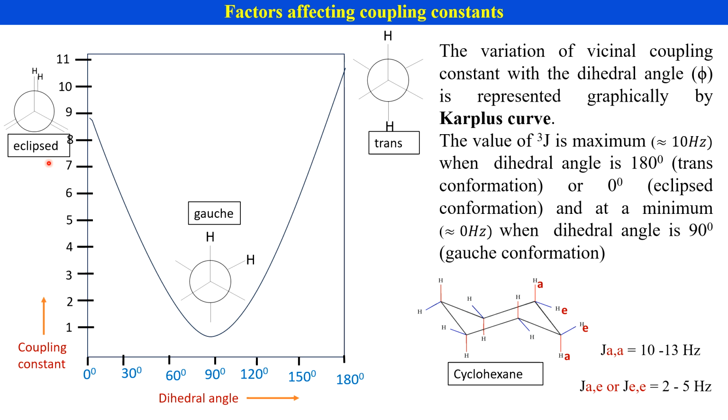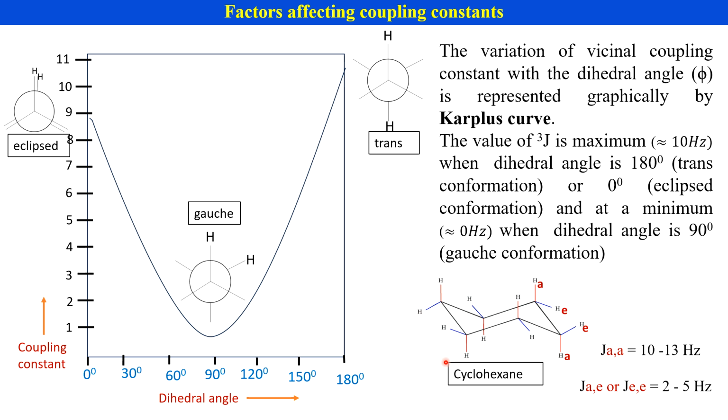That is, at dihedral angle 0 and 180, the value of vicinal coupling constant is larger. While the vicinal coupling constant is minimum, that is nearly 0, when there is a dihedral angle 90 degree, that is a gauche conformation. And that area indicates the variation of vicinal coupling constant with dihedral angle.